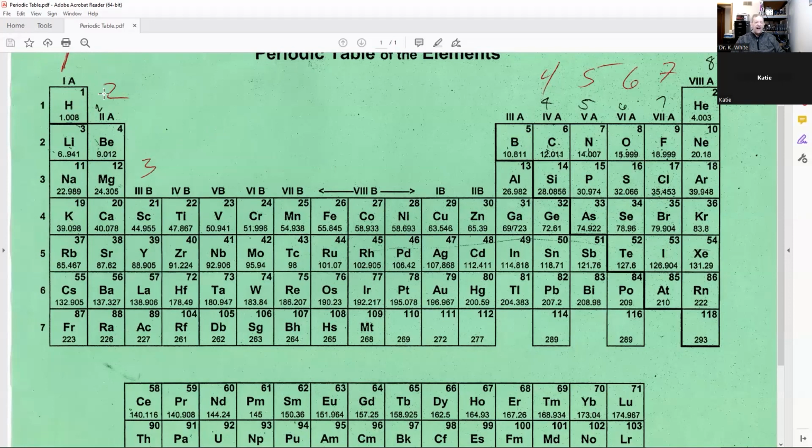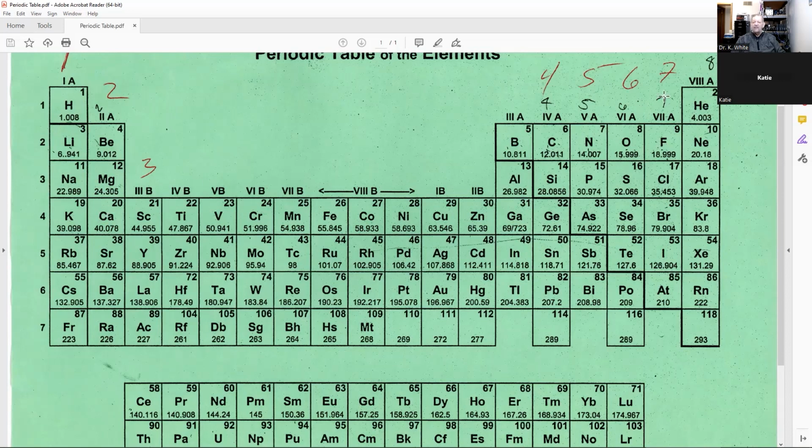In the second column with the number 2 above it, magnesium and calcium, those are the only ones I asked you to learn, even though Dr. White likes Sr, strontium, but you should know magnesium and calcium are alkaline earth metals. Magnesium, calcium, alkaline earth metals.